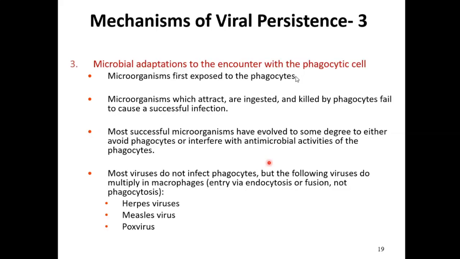So they can adapt to the encounter with the macrophage cell. Microorganisms, as we said, are first exposed to the phagocyte, and the microorganisms which are attracted are ingested, so they can be killed by the phagocyte.